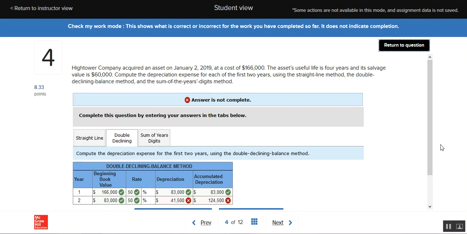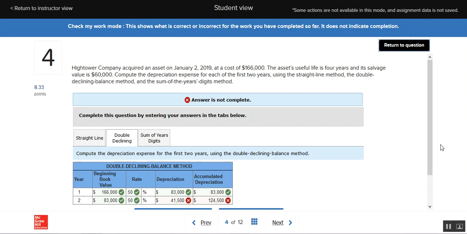If you look up in the instructions, it says it has a salvage value of $60,000. So at this point, the company believes, they're guesstimating, that when they get ready to sell this asset or dispose of it, crush it, whatever they do to it, they're going to recover $60,000 worth of the asset. So when we depreciate this asset, we don't want to depreciate that last $60,000 because it's not going to be a cost to us.